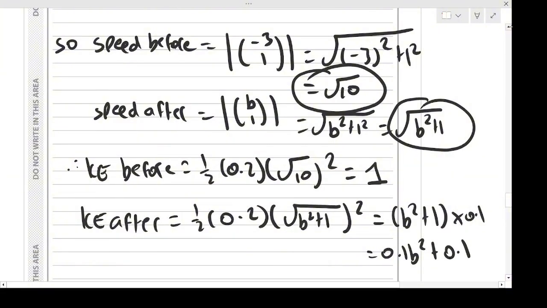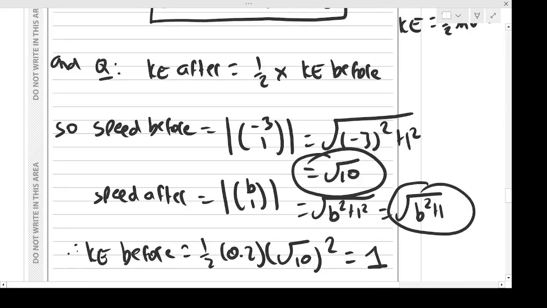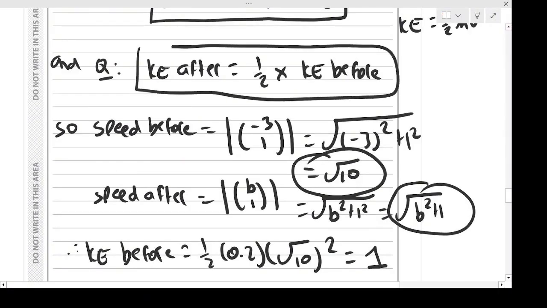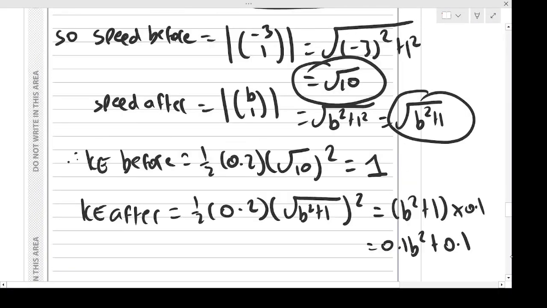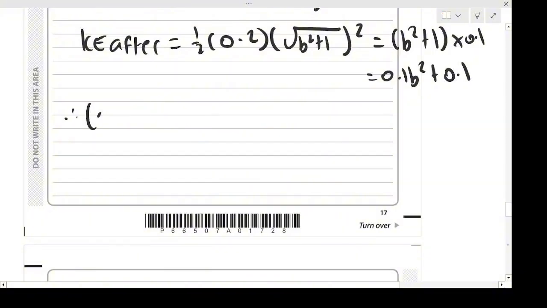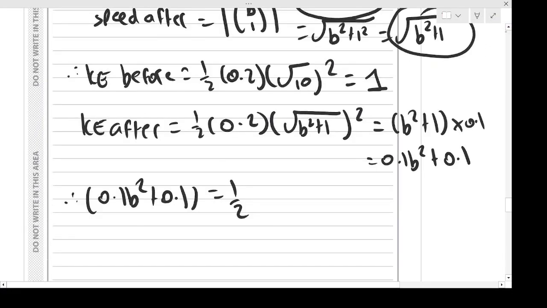So now I have my kinetic energy before and after. I can substitute it into this formula we've got. So kinetic energy afterwards, so 0.1b squared add 0.1, is going to be half of the original kinetic energy before, which was 1. Okay, so therefore 0.1b squared add 0.1 is going to be 0.5.